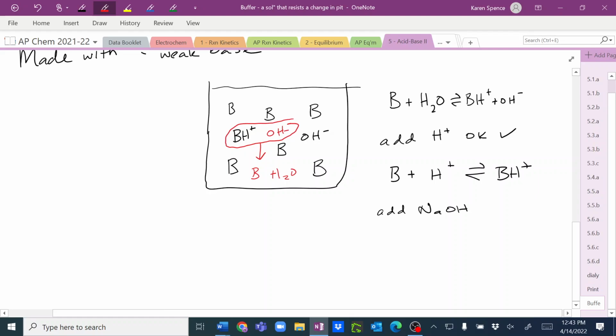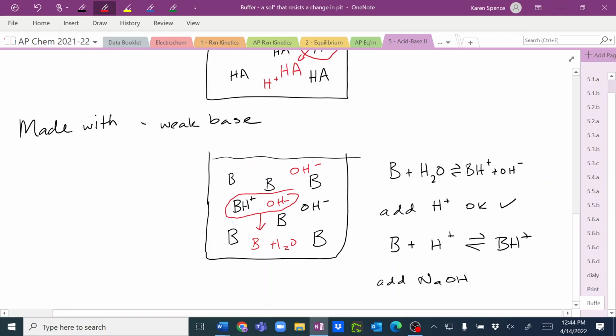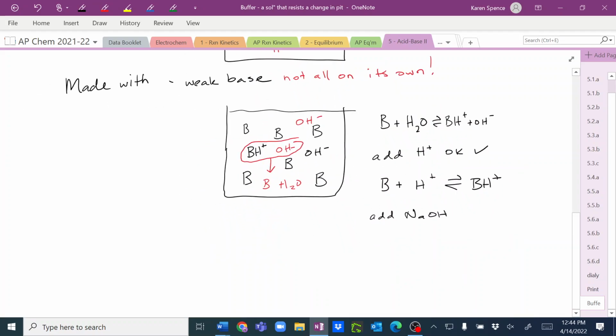The next hydroxide I add, what happens? Nothing, right? I just have more hydroxide. Now my pH is going way, way up, yes? So also not on its own. So you can't make it with a weak acid all on its own. You can't make it with weak base all on its own.